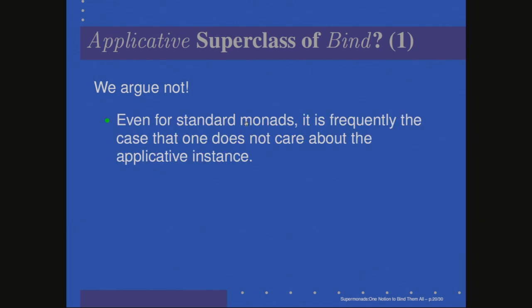So even for normal monads, some people, including me, think that maybe it was a bit of a mistake to make applicative a superclass of monad, because quite often you don't really care about the applicative instance, you only care about the monad.